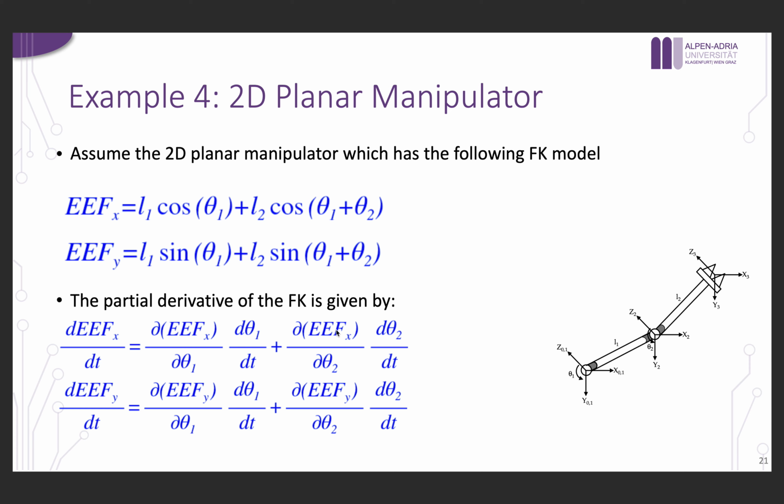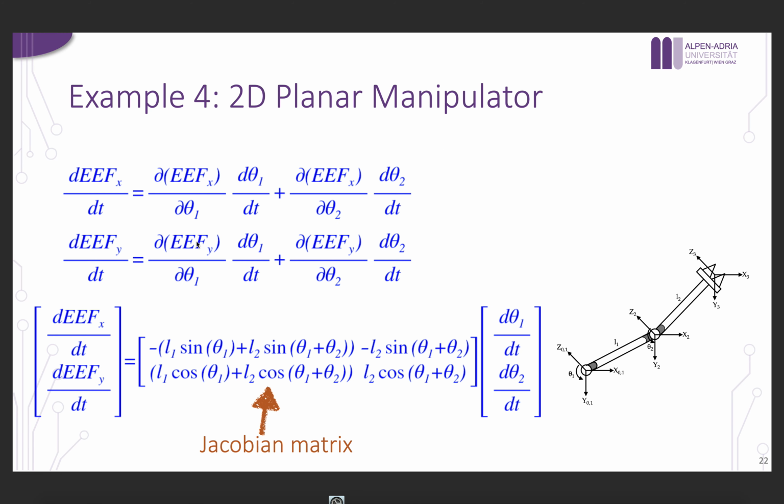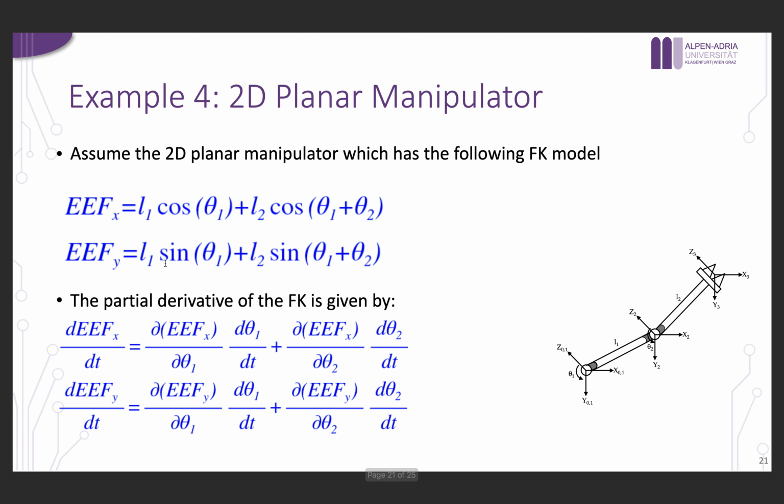And this basically represents the Jacobian matrix. So in this case, this part and this part are the Jacobian. What we are doing here is the differentiation of that equation with respect to theta 1.